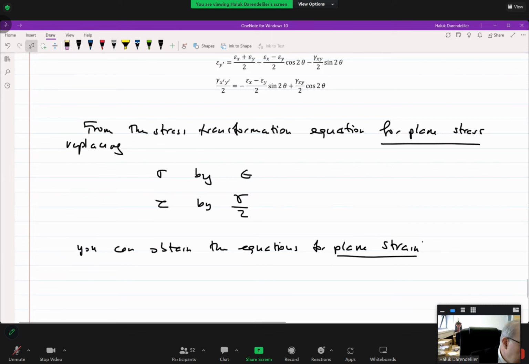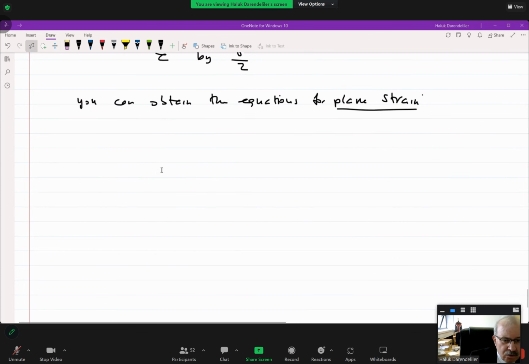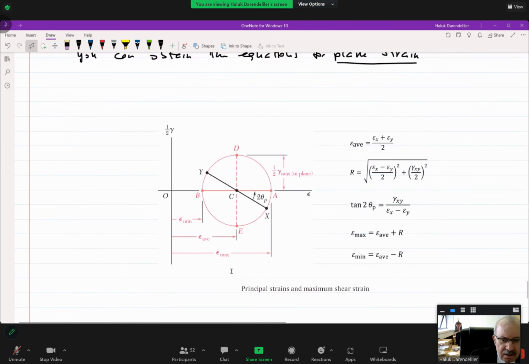Now, what about the Mohr circle for plane strain? The logic is exactly the same. The Mohr circle for plane strain is obtained in a similar way. This axis was previously sigma, now it is epsilon. This axis was previously tau, but it is replaced with gamma over 2, as I just mentioned.